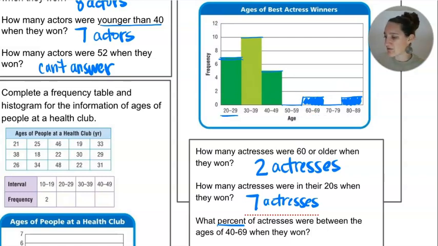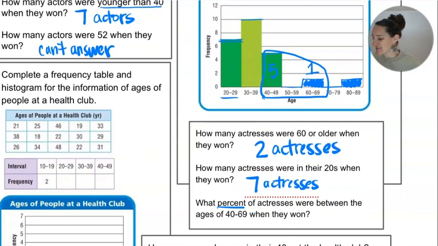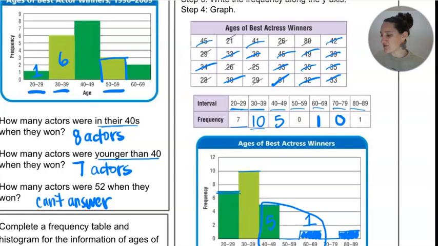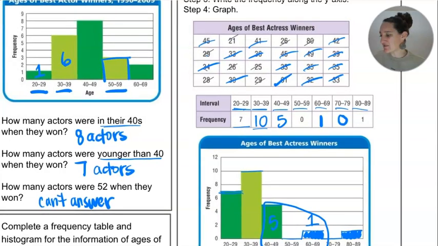So we have to go between 40 and 69. Okay, well, there were 5 40-year-olds, 1 60-year-old, and that would give us 6, but it's asking for a percent. So that's our part. What is our whole? How many total actresses were there? 1, 2, 3, 4, 1, 2, 3, 4, 5, 6.